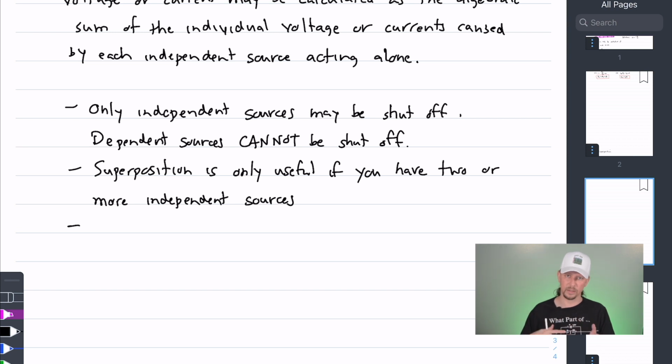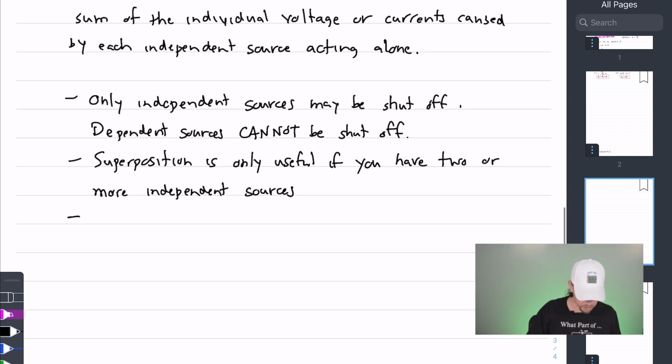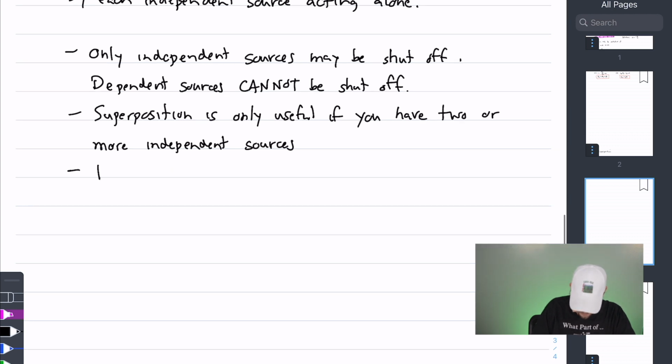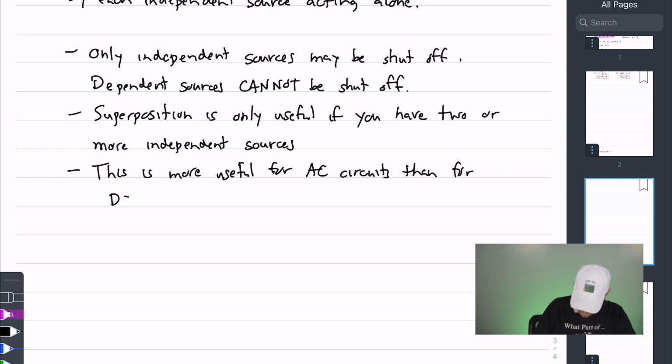And if you want to predict what voltages and currents are going to be within that larger circuit, superposition is again absolutely fundamental, right? So here, this technique is more useful for AC circuits than for DC circuits in general. Not always, but in general.